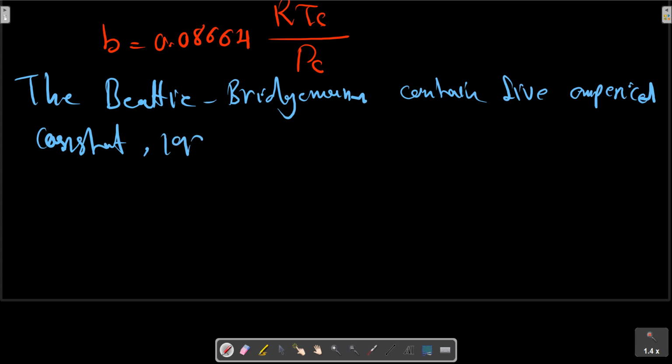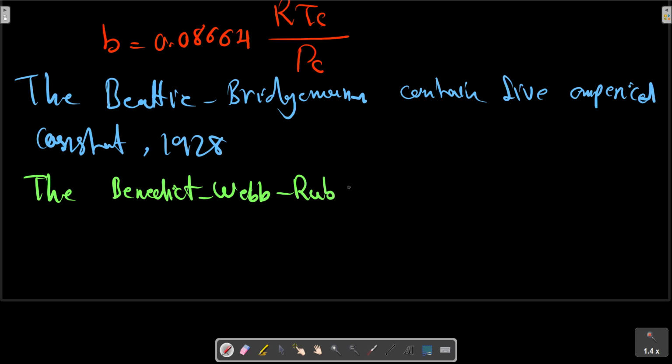It was introduced in 1928, and another equation is the Benedict-Webb-Rubin equation, commonly termed the BWR equation.